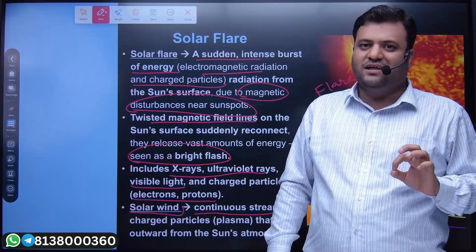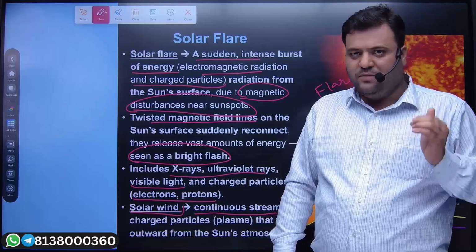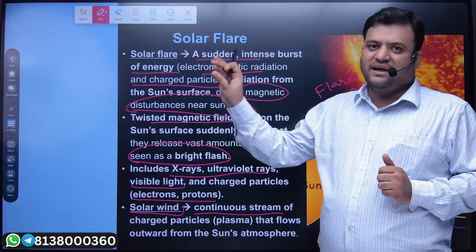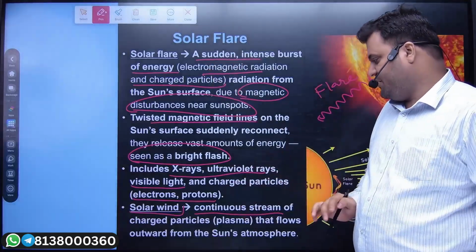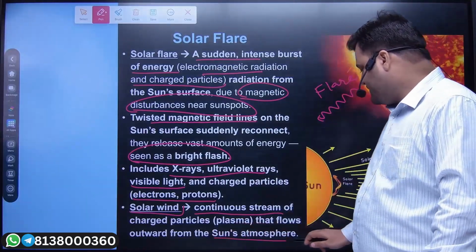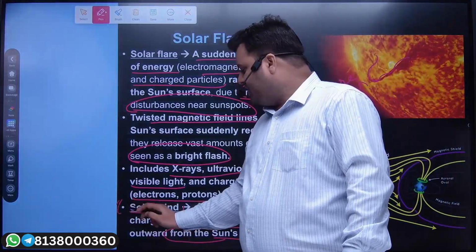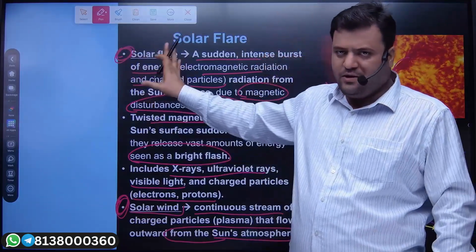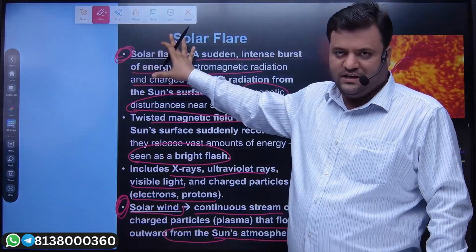But solar flare is, we can say, less frequent with respect to occurrence, and it occurs when two magnetic lines twist. But solar wind is a continuous stream, released from the sun's atmosphere, and it is continuous. This one is a continuous process, and this one is non-permanent in nature.